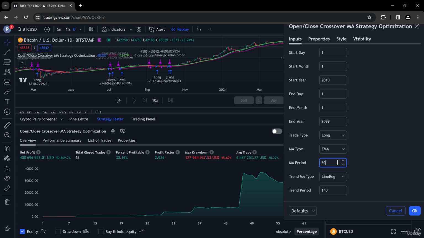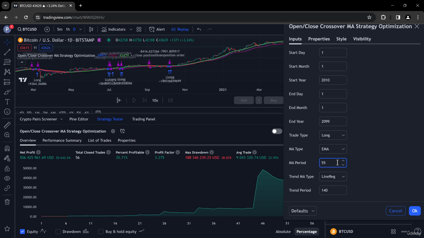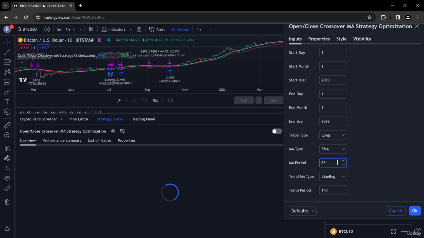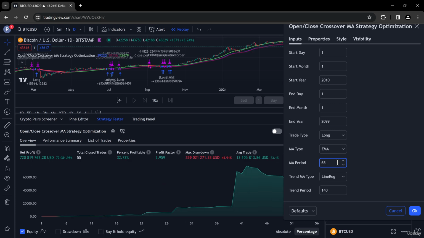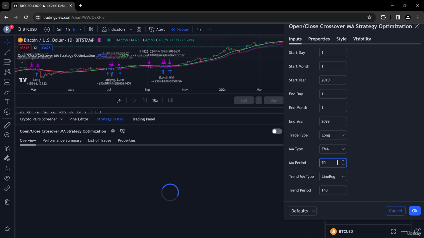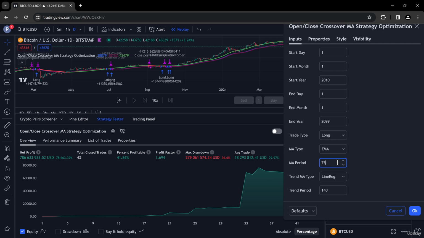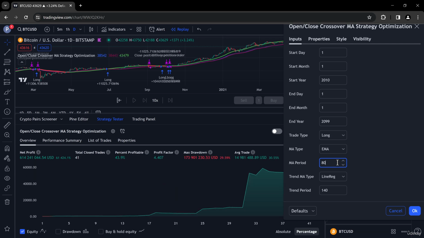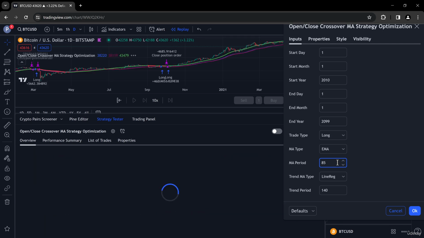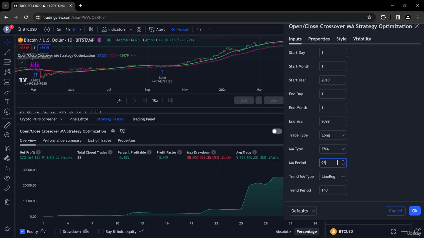So let's try to change these parameters. We try to change the MA period. Now we have 72,000 net profit, 78. So let's keep changing. 25, it's even less than we had before.